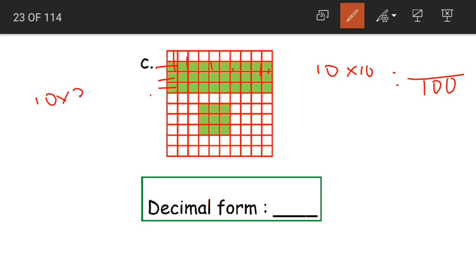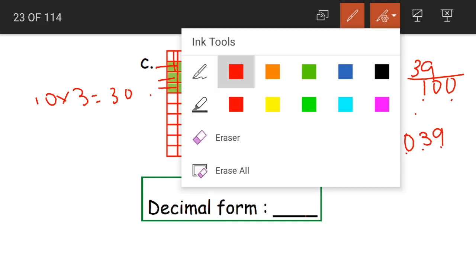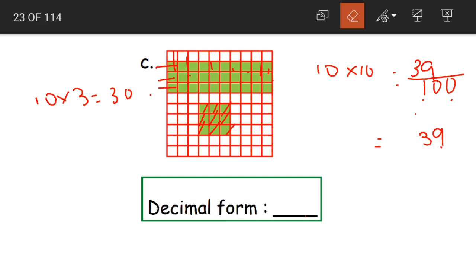So 10 into 3 becomes 30. 30 are shaded here. 30 plus 31, 32, 33, 34, 35, 36, 37, 38 and 39. A total of 39 squares are shaded out of 100. Now how will we write it in decimal form? As the denominator is a 3-digit number, we write the numerator also as a 3-digit number.